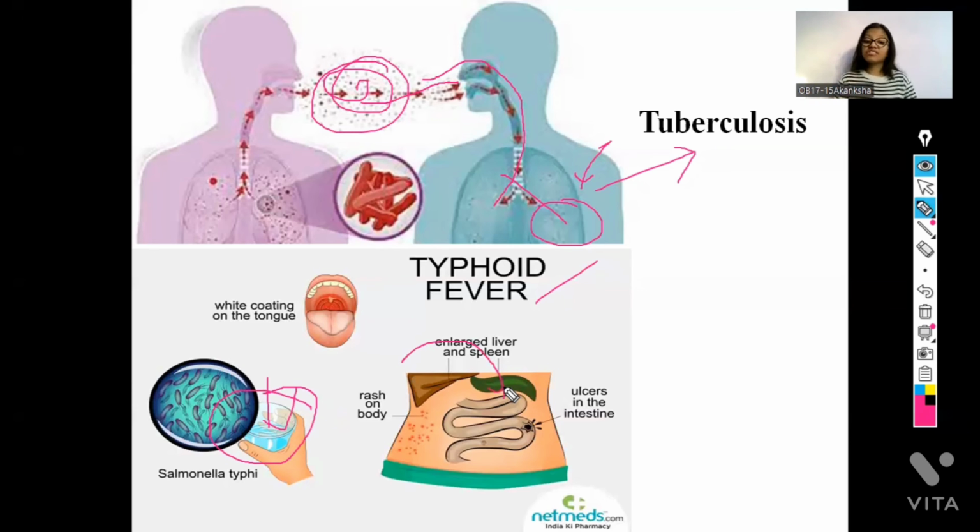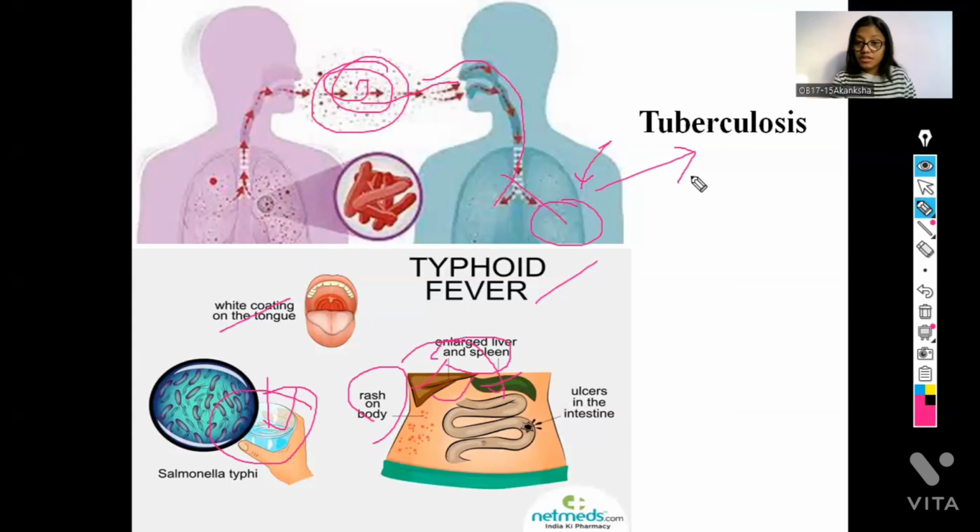There are rashes inside our intestines and stomach, and also rashes on the body. The liver and the spleen get enlarged, or swollen. Also there is a white coating on the tongue. These are the symptoms of typhoid fever.